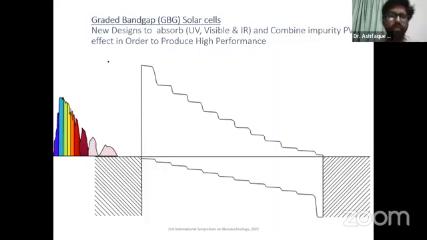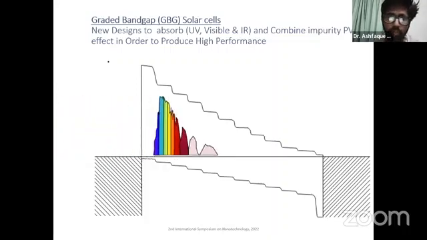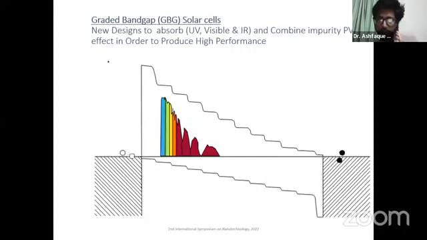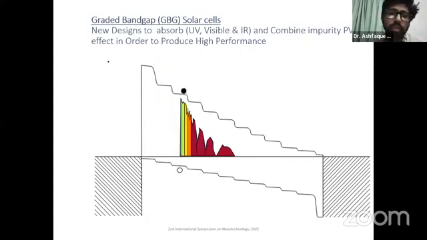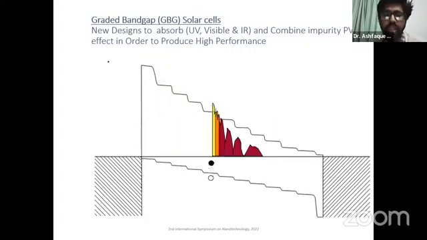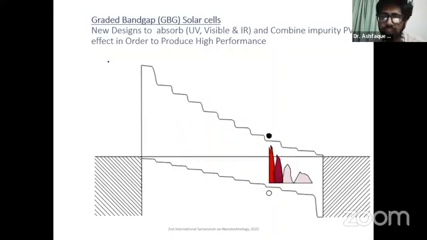So how is it helpful? It can actually absorb most of the solar radiation if we can incorporate the band gaps accordingly. And at the same time, it can actually incorporate another mechanism called impurity PV effect.